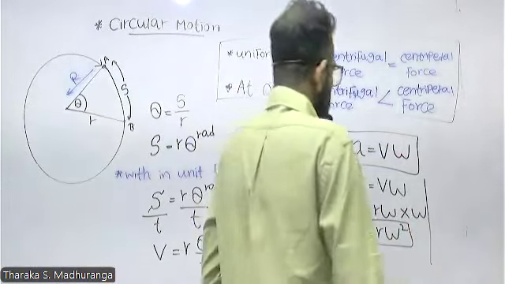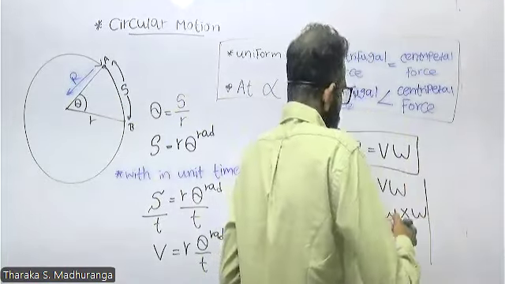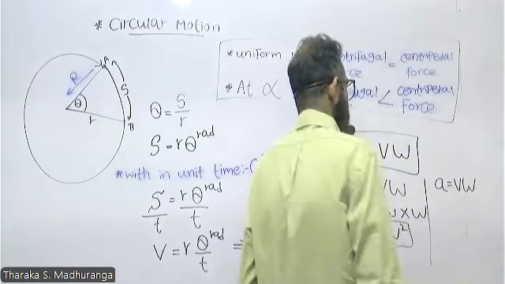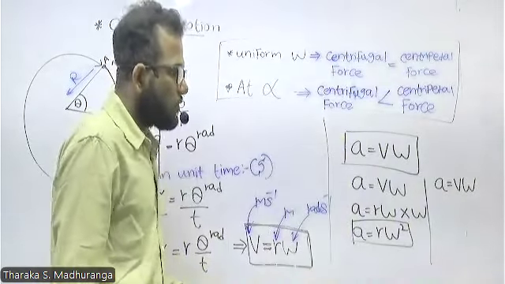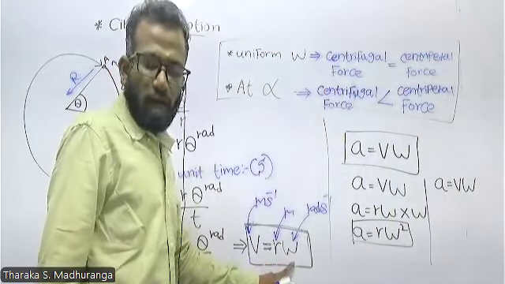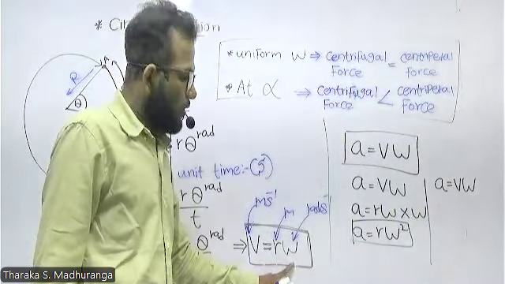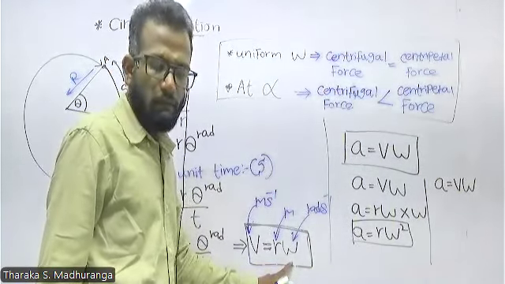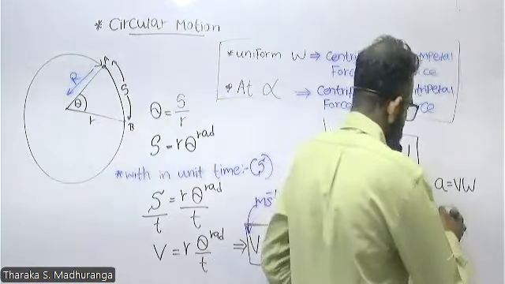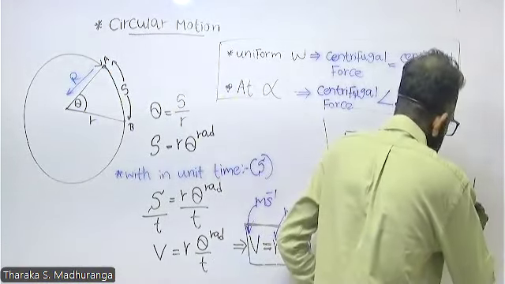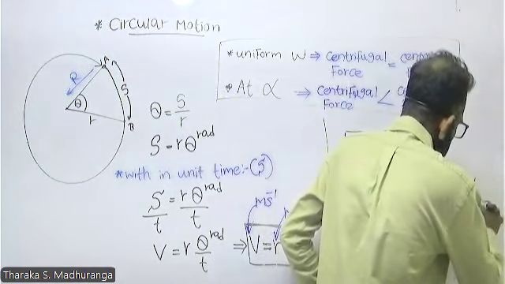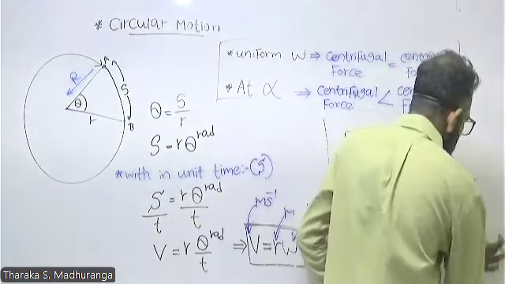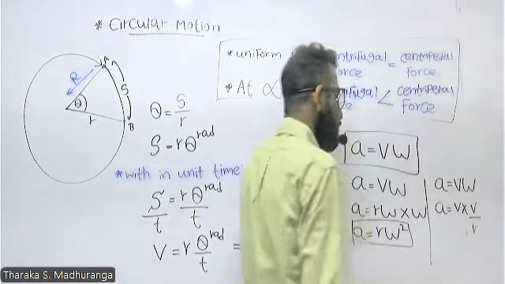Now I'm going to get another equation. You know the main equation is A equal V omega. Now instead of this omega, I substitute V over R. A equal V into V over R. How did I get V over R?